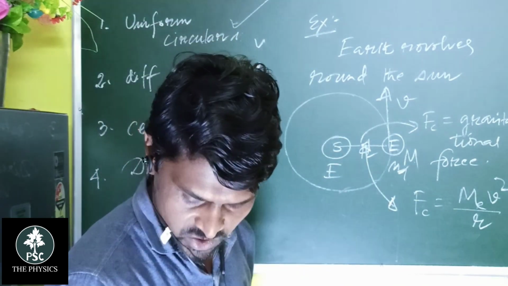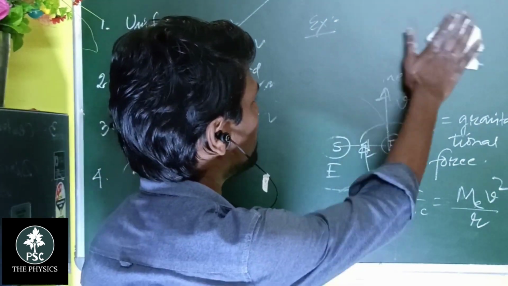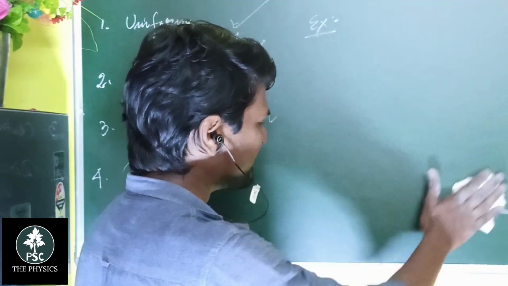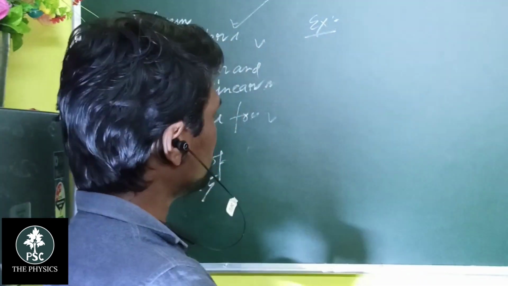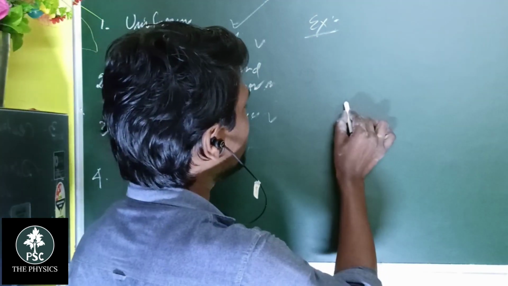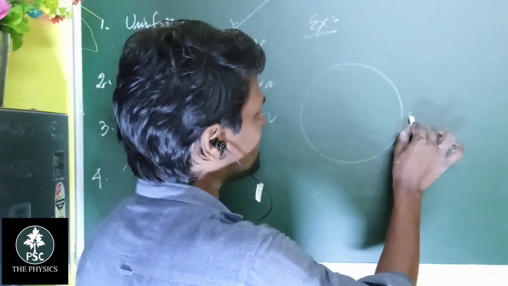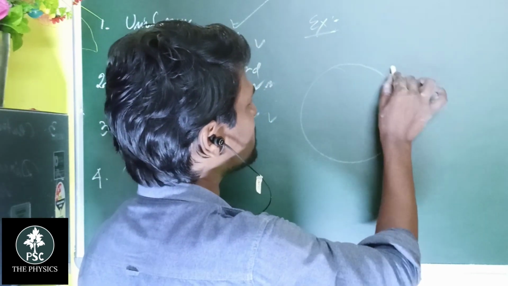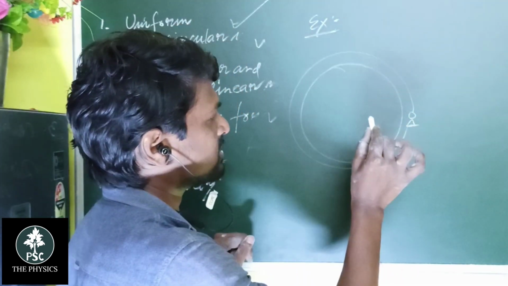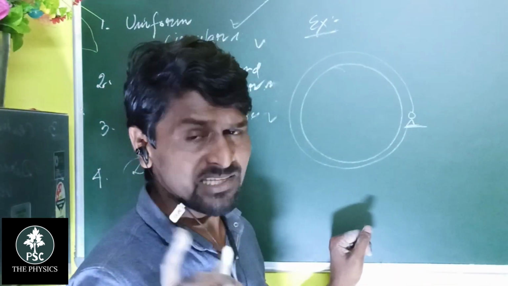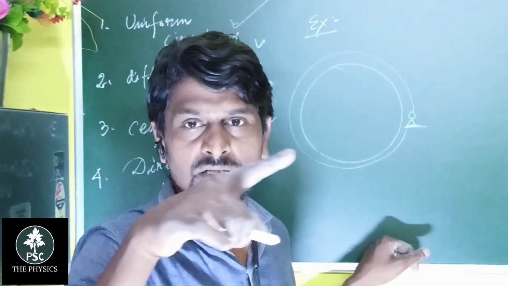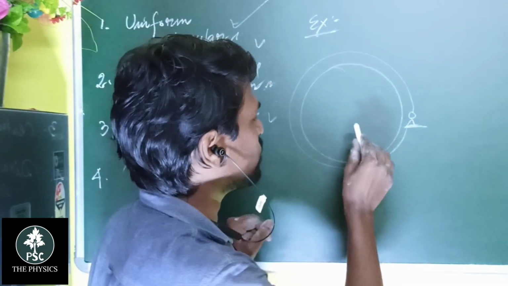Okay, the next example: a particle or a body. This is a rotary, and a cyclist moves along this direction. So the motion of the cyclist within a rotary is an example of circular motion.